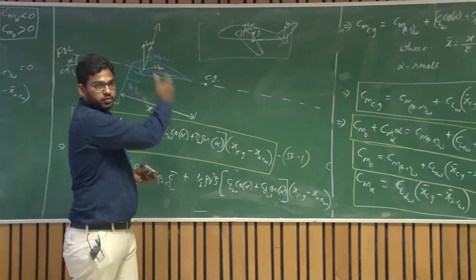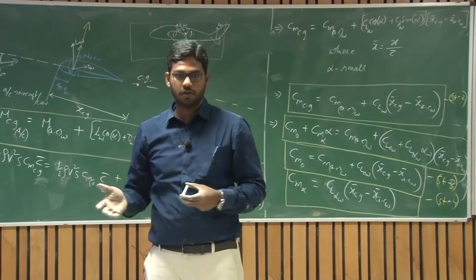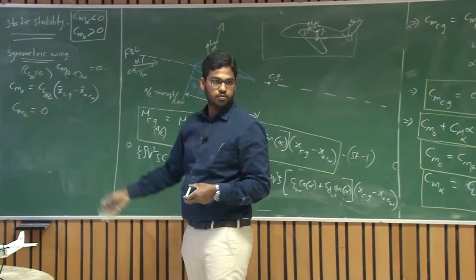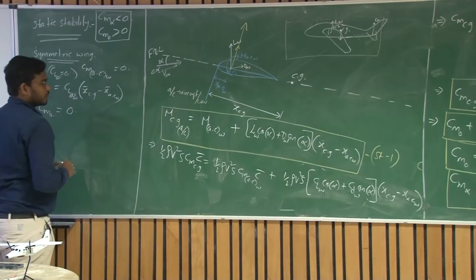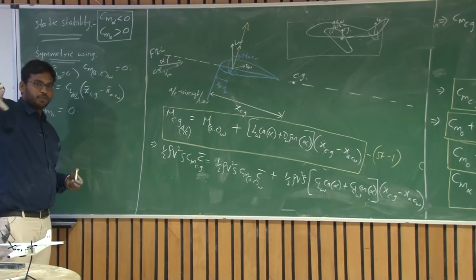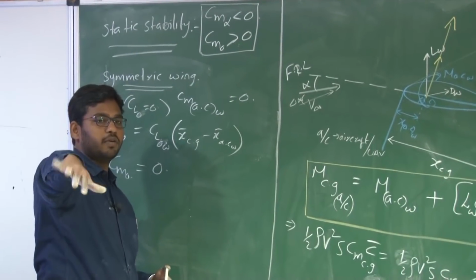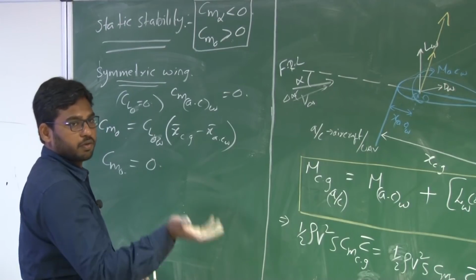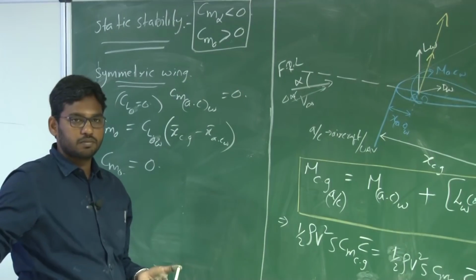So for aircraft C in our previous case, when we were talking about the Cm versus alpha variation, we witnessed that Cm naught is 0. When can that happen? When you have a symmetric wing, right? But to trim it at a positive angle of attack, you need to produce a continuous negative elevator deflection that gives you a positive moment to trim at a positive angle.